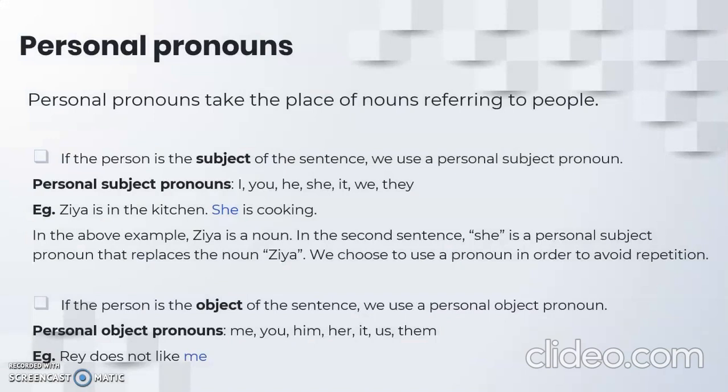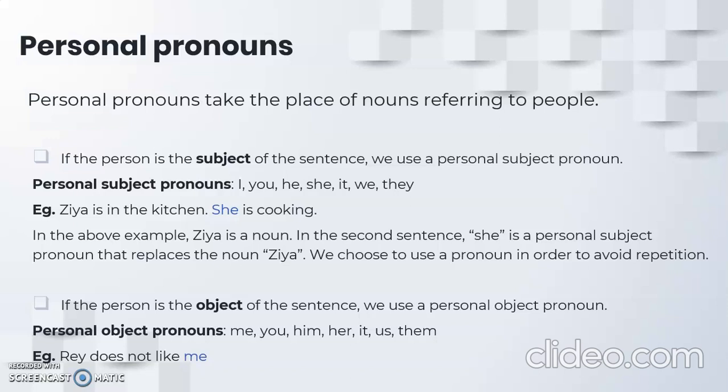She is cooking. Here we can see that Zia is a noun. In the second sentence, we don't want to repeat Zia because it doesn't sound very good, right? So we replace the word Zia with she. That is an example of a pronoun.